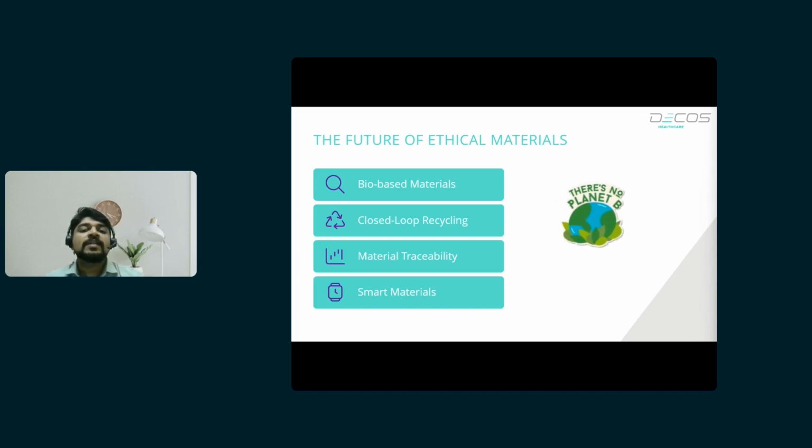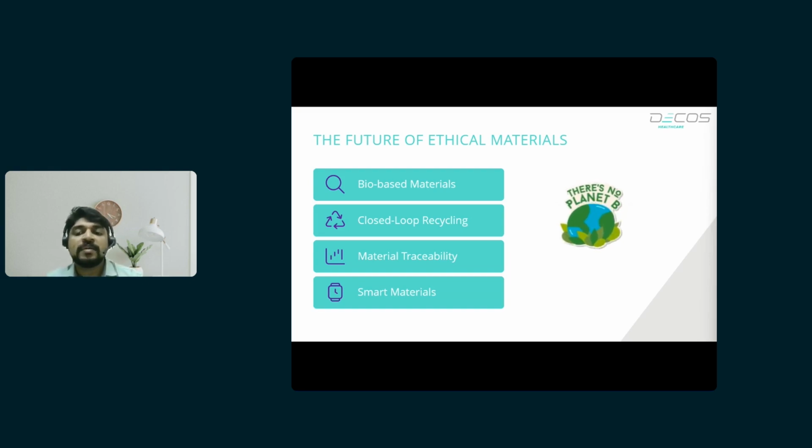The future of ethical materials is not a one man show. It requires collaboration between various stakeholders like researchers and innovators, businesses, policymakers, consumers, etc. By working together, we can create a future where the materials we use are not just innovative but are also ethical and responsible.